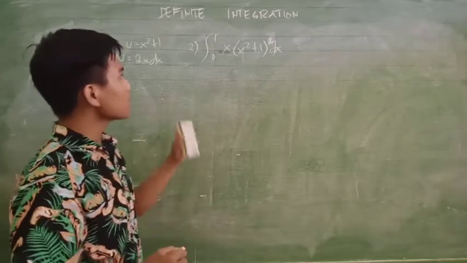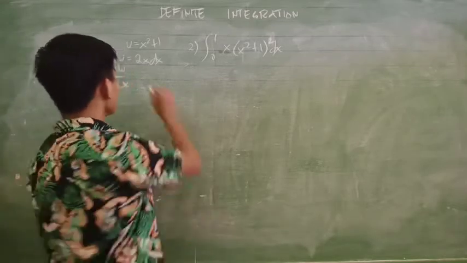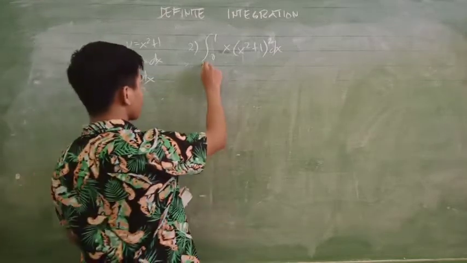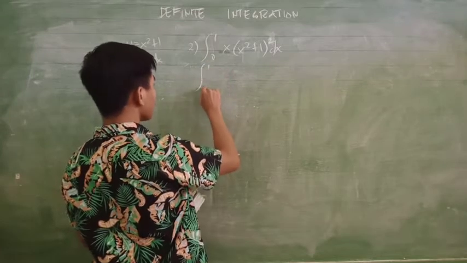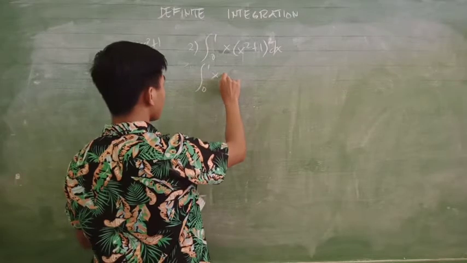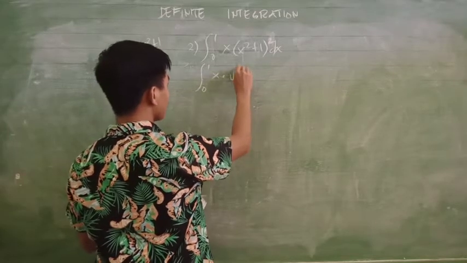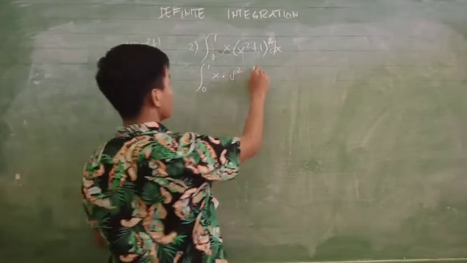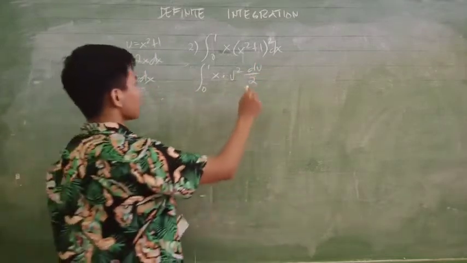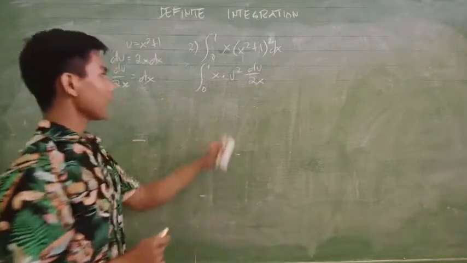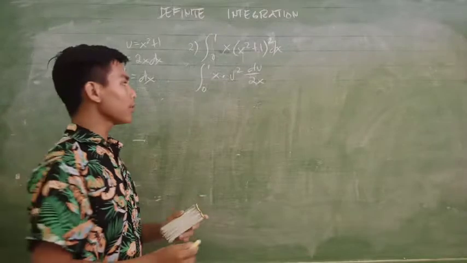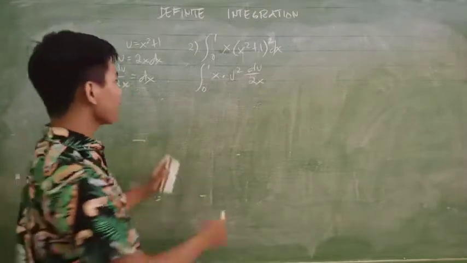So now we can substitute the values that we've got to the function. This would be x times u squared. Our dx would be du over 2x rather. So we can simplify 2x and x so that will shorten to 1 half. So we'll move 1 half to the front.